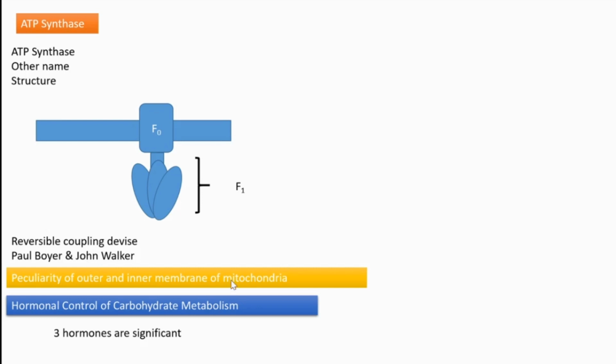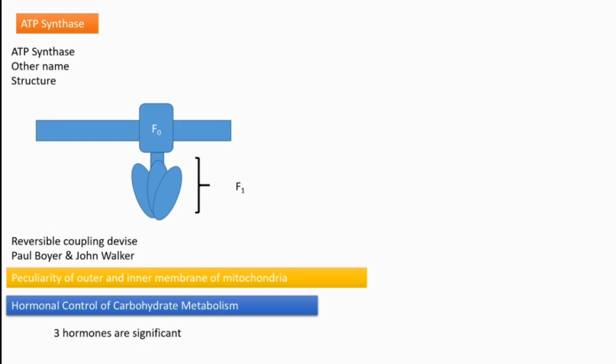Then we need to understand the peculiarity of the outer and inner membrane of mitochondria. The outer membrane contains numerous porins. They allow the easy diffusion of molecules up to 10 kD molecular weight. The inner membrane is rich in various proteins. It is freely permeable to some molecules like oxygen, carbon dioxide, and water.